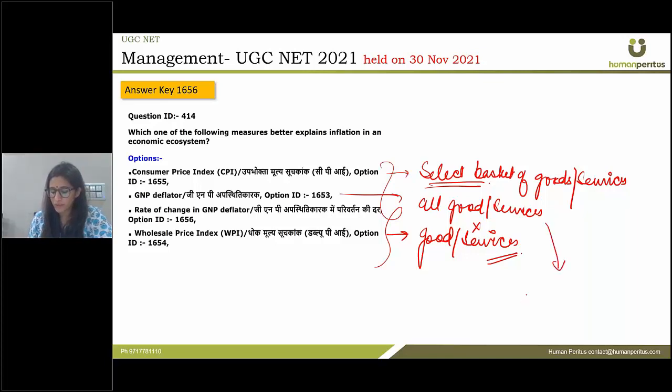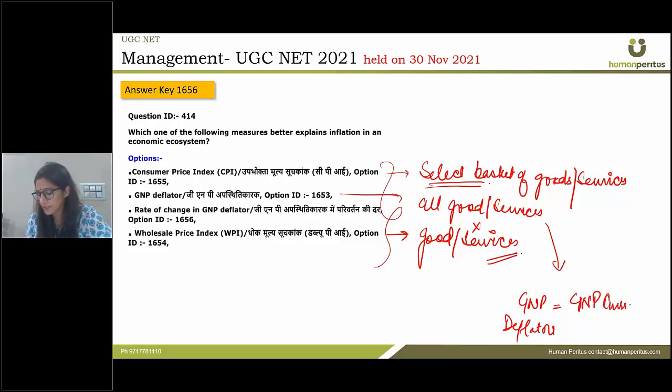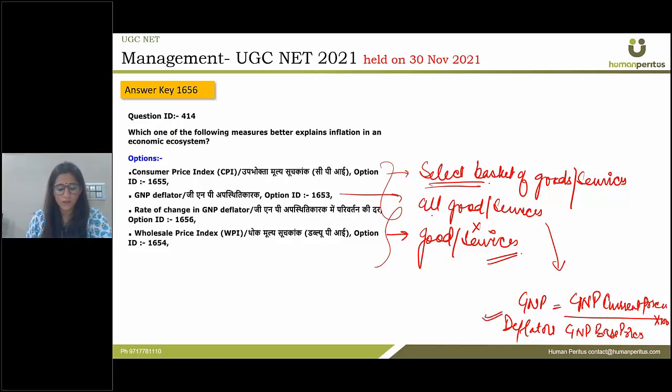Basically, it has a formula: GNP deflator is equal to GNP at current prices, the national income of the current year, divided by GNP at base prices, the prices of the base year, multiplied by 100. The base year is a year selected by the government from time to time. So the GNP deflator is a measure of inflation which takes into consideration all goods and services. Among the three, this seems to be the better option till now.